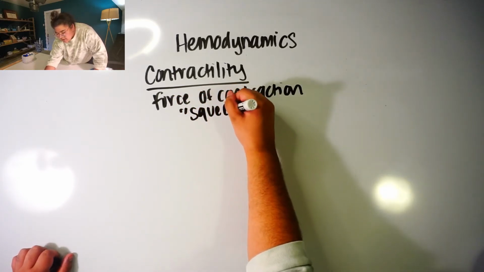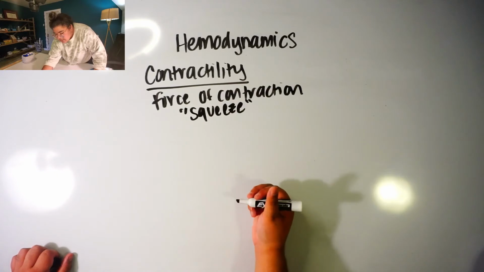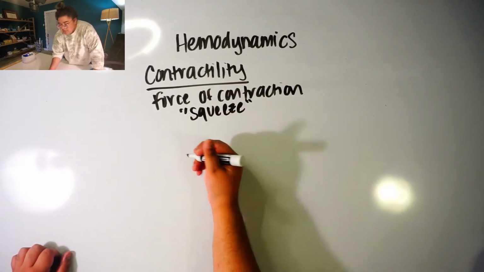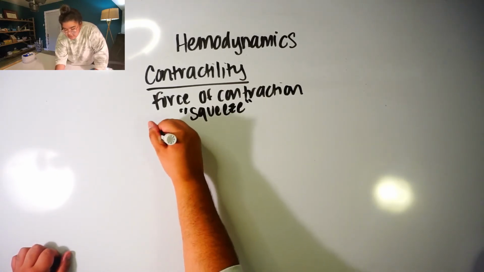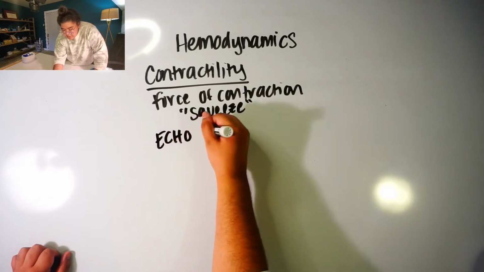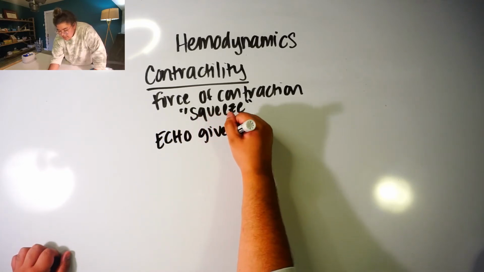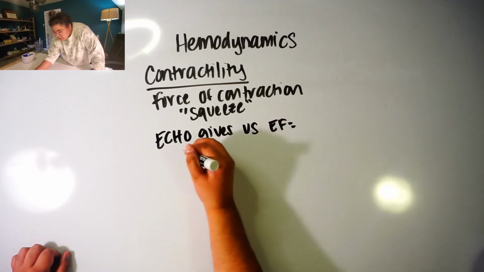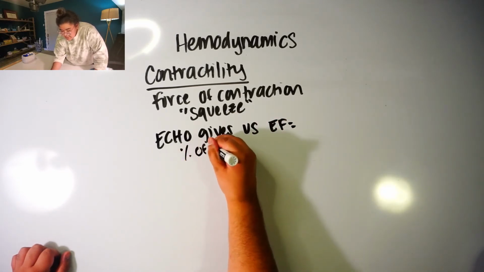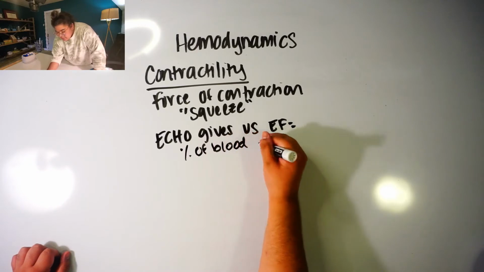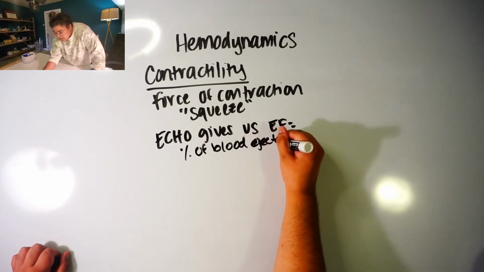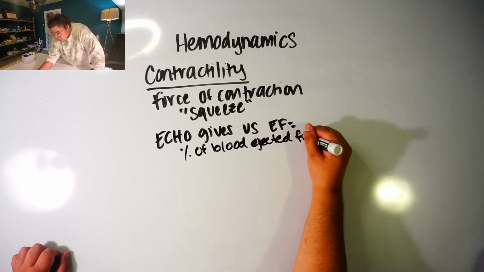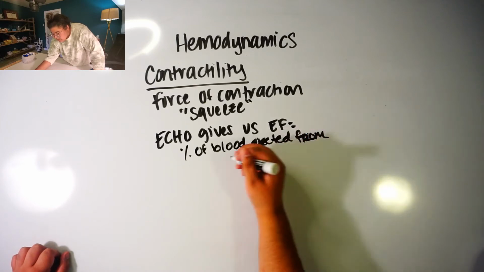So how hard is our heart squeezing, okay? So with contractility, the way we can measure this is with an echo, which gives us ejection fraction, okay? Which is equal to the percent of blood ejected from the ventricles.